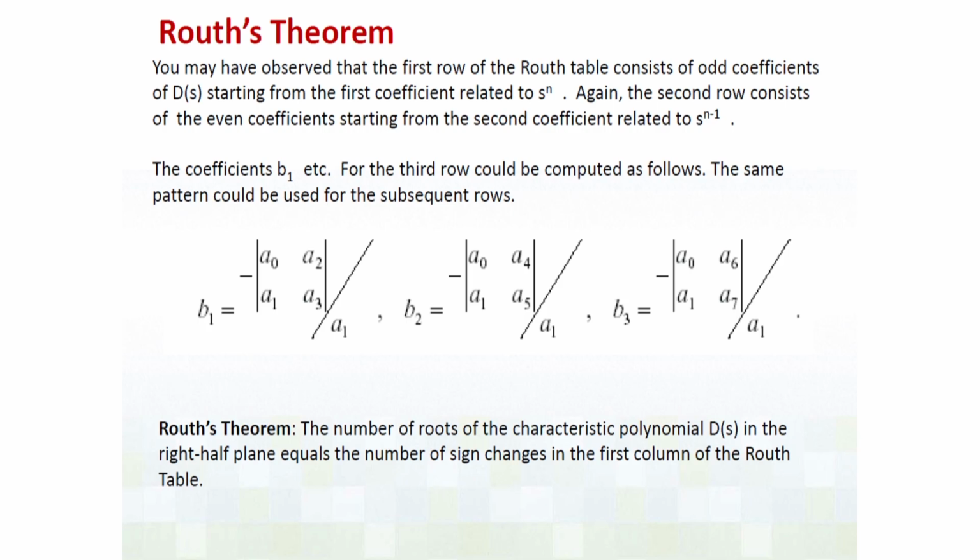So, this is the table for b1, b2, b3. Like that you have to do it till the end of the series, and the Routh theorem tells us that the number of right half plane poles, that means the unstable situation, is equal to the number of sign changes in the first column of the table. So, using that you can check the stability of the system.